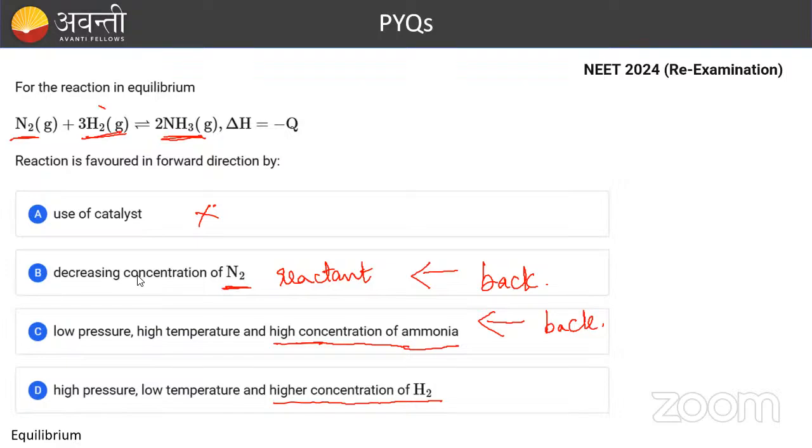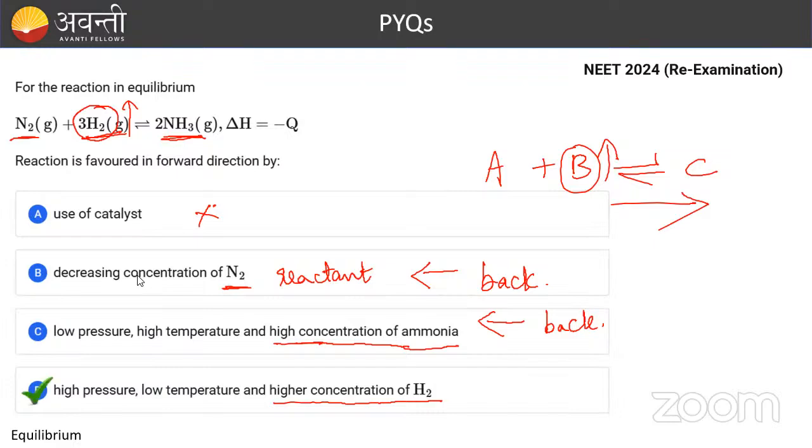So if I am increasing one of the reactant concentrations, automatically the equilibrium will shift towards the forward direction, because we have A plus B in equilibrium with C. If I am increasing this, what will happen? The reactant amount is more compared to the product, so automatically it will move towards the forward direction. So option D is the correct answer.